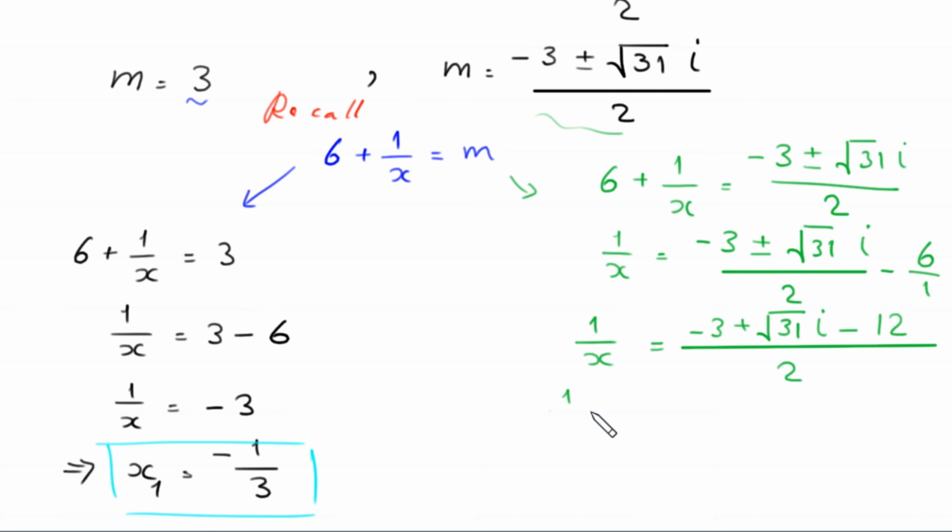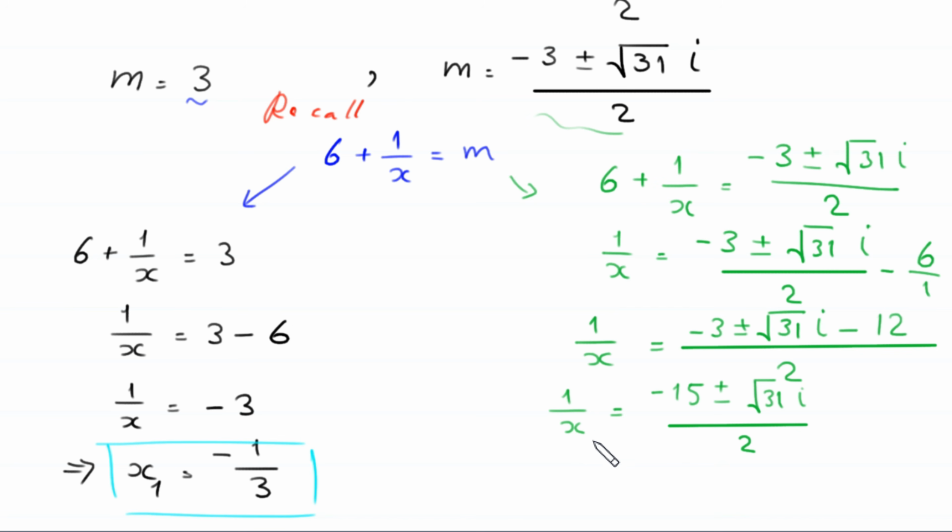Next, 1 over x is equal to, this negative 3 and negative 12 will become negative 15, plus minus root 31 times i divided by 2.